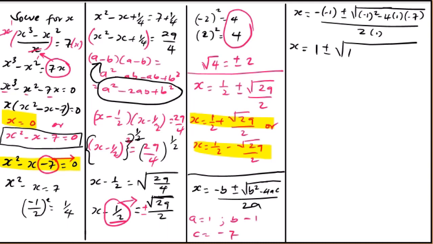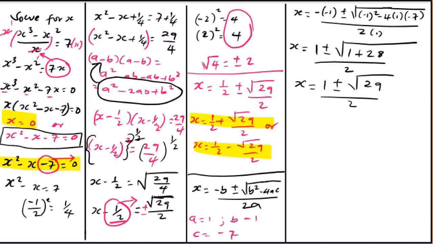Okay, now minus 4 times minus 7. Negative times negative is positive, therefore we have positive 28 here. Okay, the whole of it over 2. Therefore we have x equals 1 plus or minus root of what? 1 plus 28 is 29, then over 2.